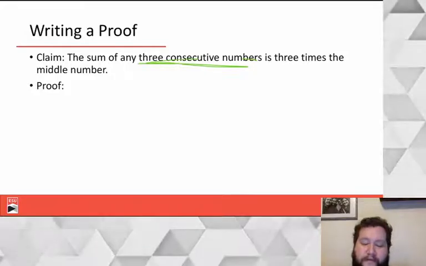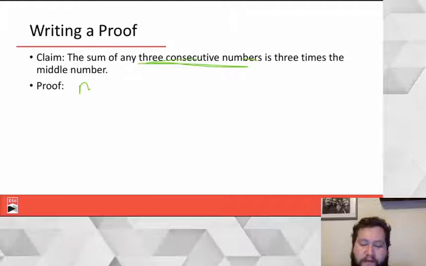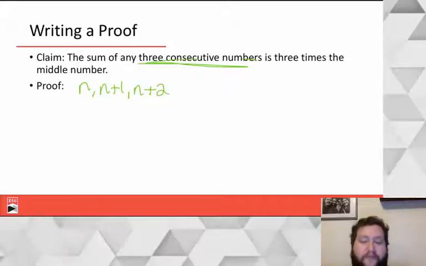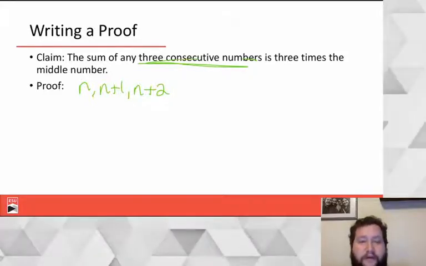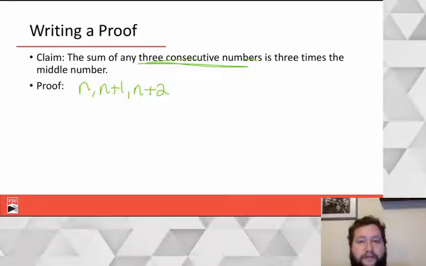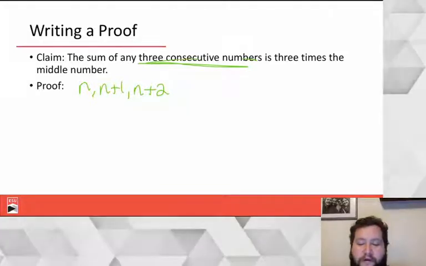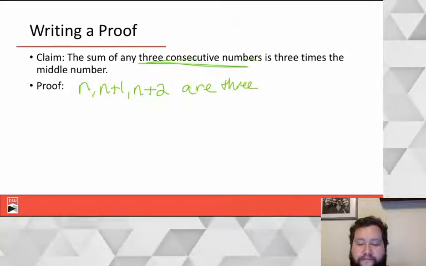So here, n, n plus 1, and n plus 2. Like if n was 1, we'd have 1, 2, and 3. Or if it's 10, we'd have 10, 11, 12. Or 100, 101, 102. So n, n plus 1, and n plus 2 are 3 consecutive numbers. Right?